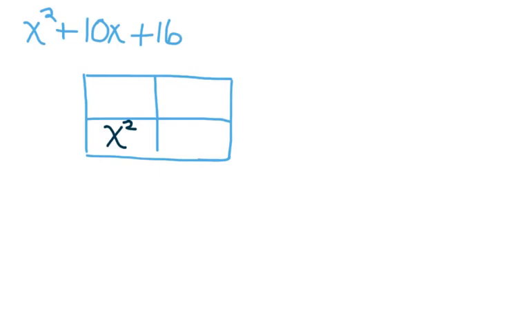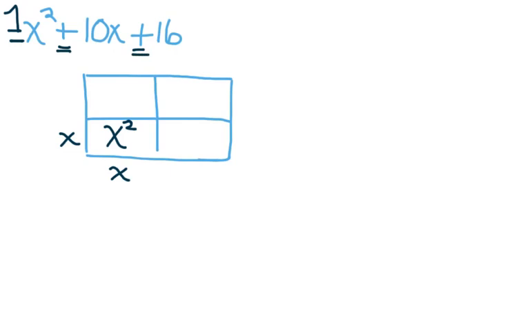I want you to remember that when I have an x squared tile, my side lengths are x and x. Again, I want to point out in my standard form that I have a coefficient of 1 in front of my x squared, and notice that both of the signs in my standard form are positive.